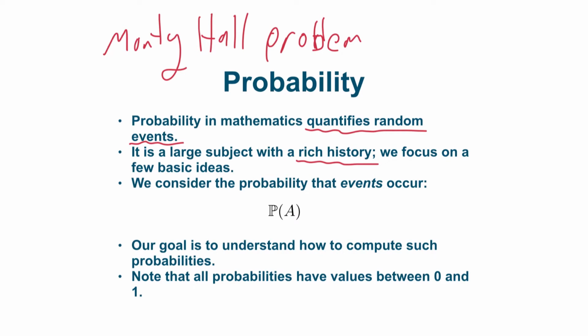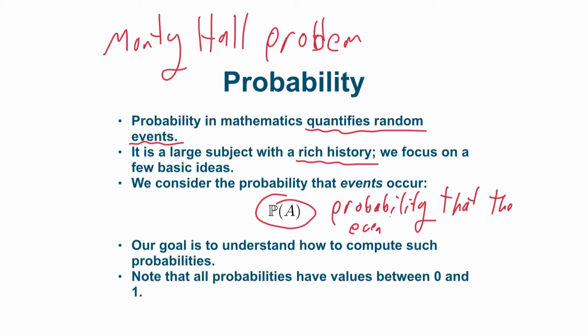The notation that we'll use is this fancy blackboard P of A to refer to the probability that the event A happens.